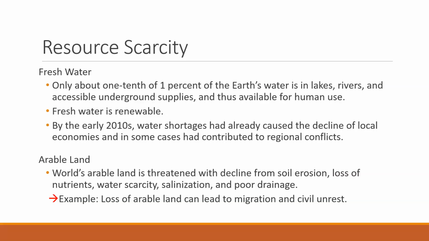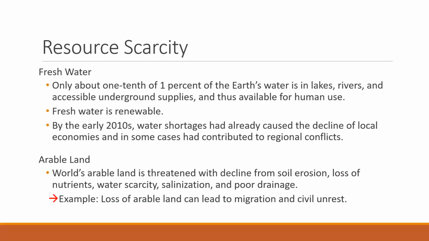Arable land. Okay, this involves soil erosion, loss of nutrients, water scarcity, poor drainage, different things that we can do something about. Loss of nutrients is one of the things I was talking about, and crop rotation helps with that.